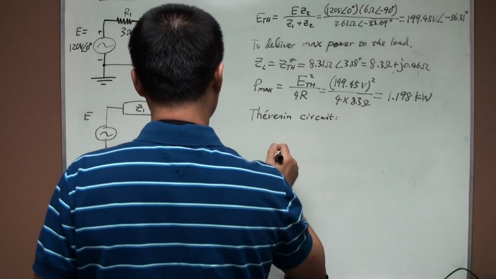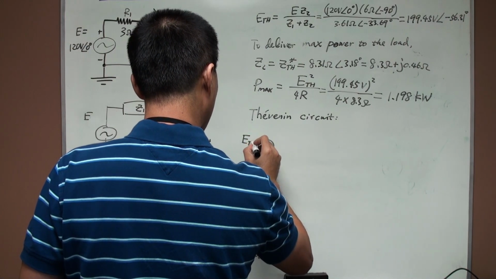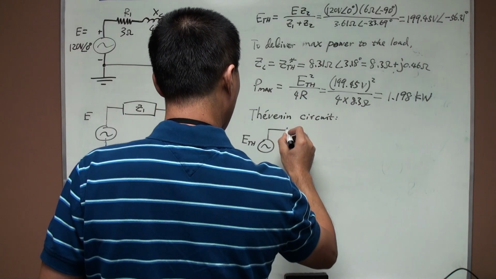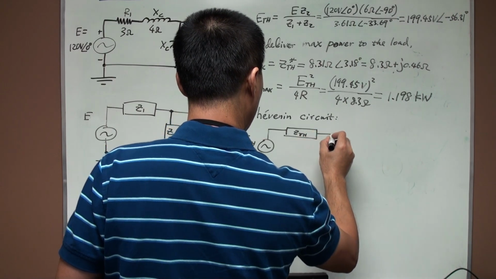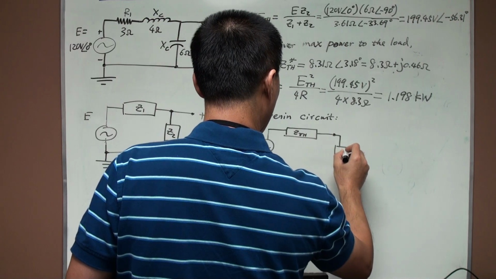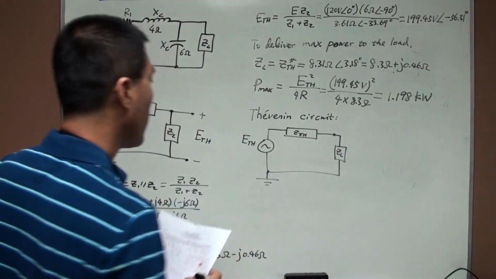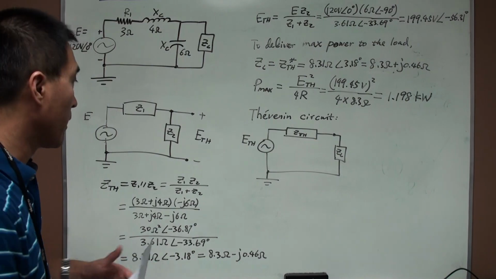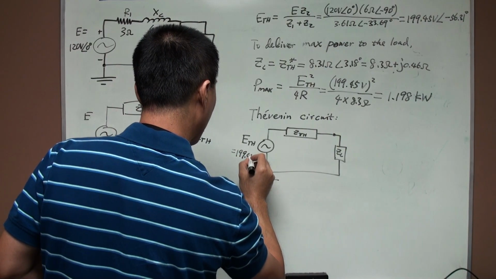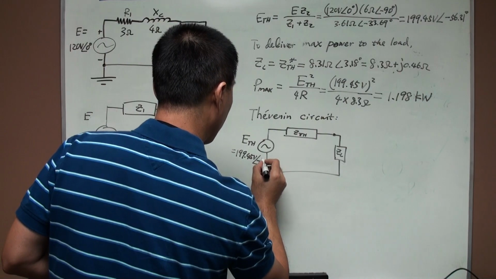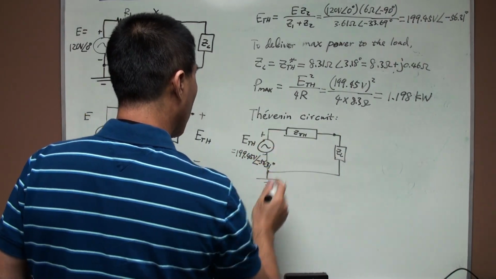So the Thevenin circuit will look like this: you have ETH, ZTH, and ZL. ETH is equal to 199.45 volts with an angle of negative 56.31 degrees.